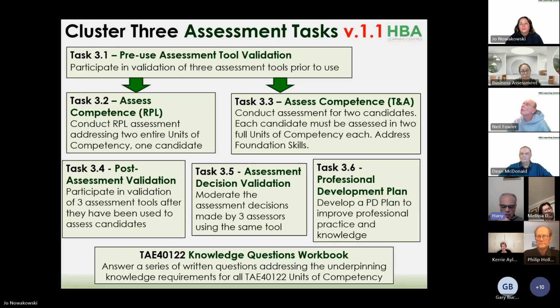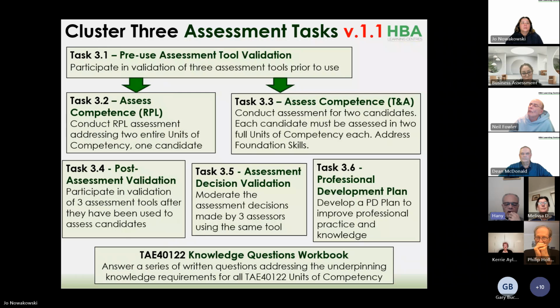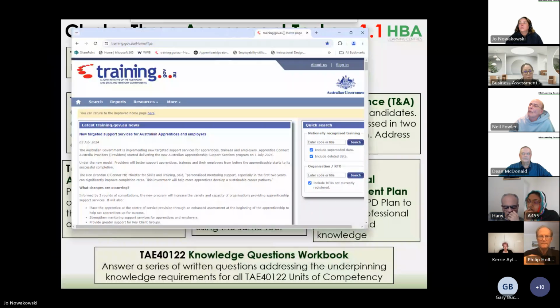For example, for the mapping itself, when we talk about elements and performance criteria, when we write the criteria, on the right hand side, we need to put numbers against them, 1.2, 1.3, whatever. Where do we get this information from so we can match or look at the mapping and ensure the information is there so I can pick it up from?